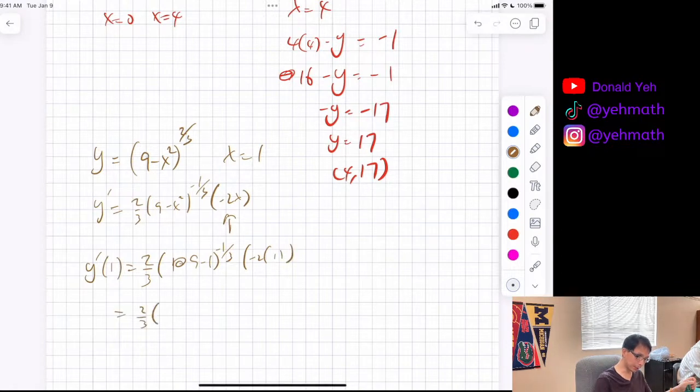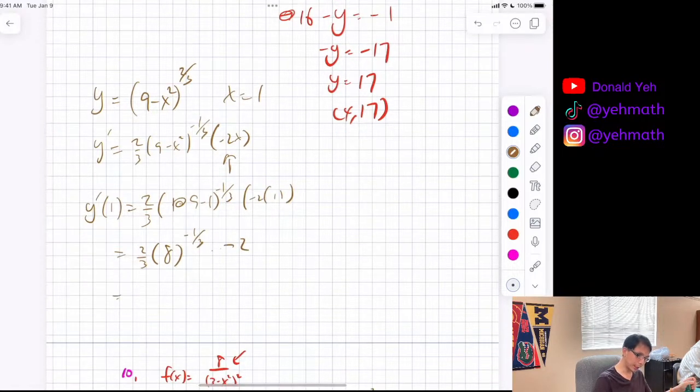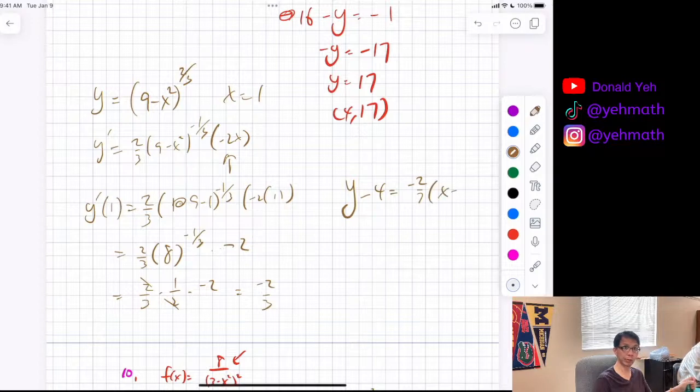That's equal to 2/3 times 8 to the negative 1/3, times negative 2. And that's going to be 2/3 times 1/2 times negative 2. So that is negative 2/3. Plugging in 1, that is going to be y minus 4 equal to negative 2/3 times (x minus 1).